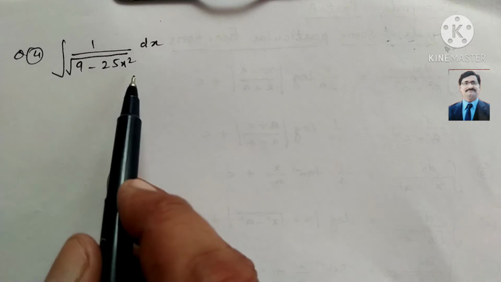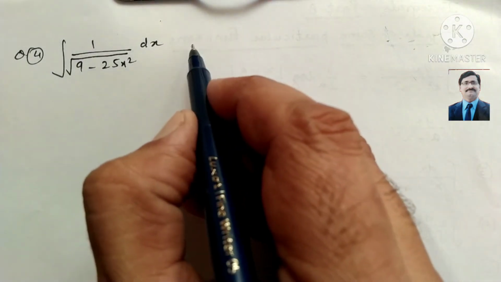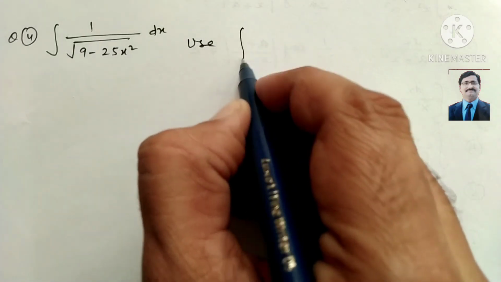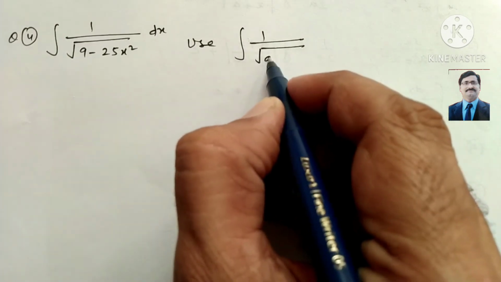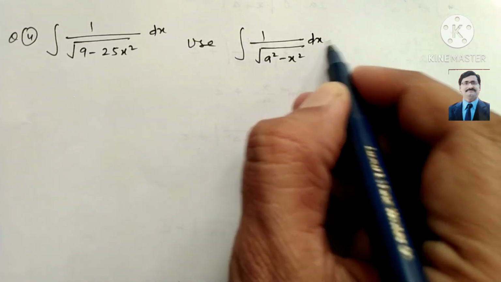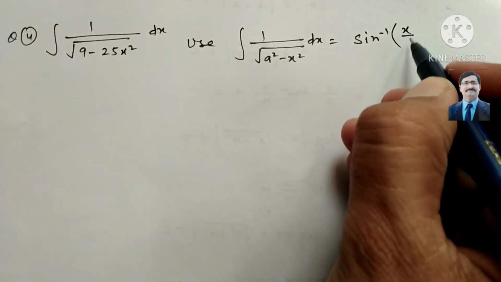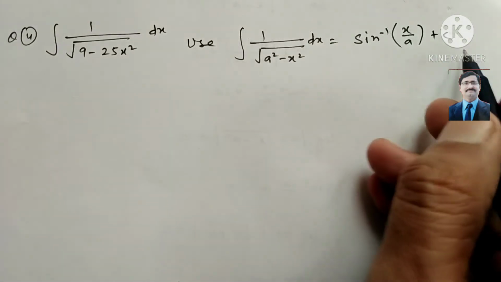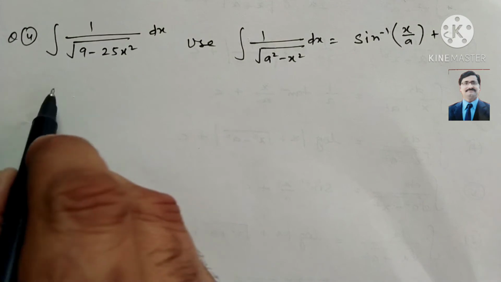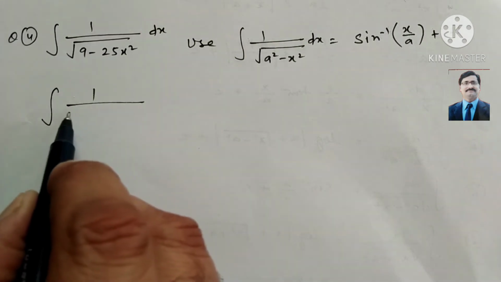Look here all of you, in this question we will use the formula for the integral of 1 upon root of a square minus x square dx. We can write sine inverse of x upon a plus c. This formula we can use directly. So look here, first we write it in a proper format.